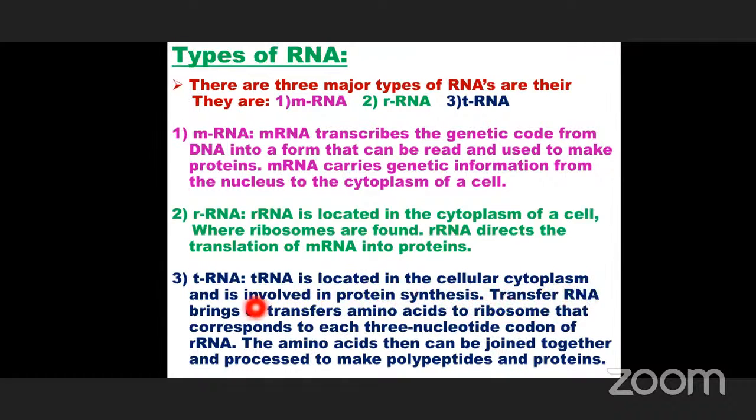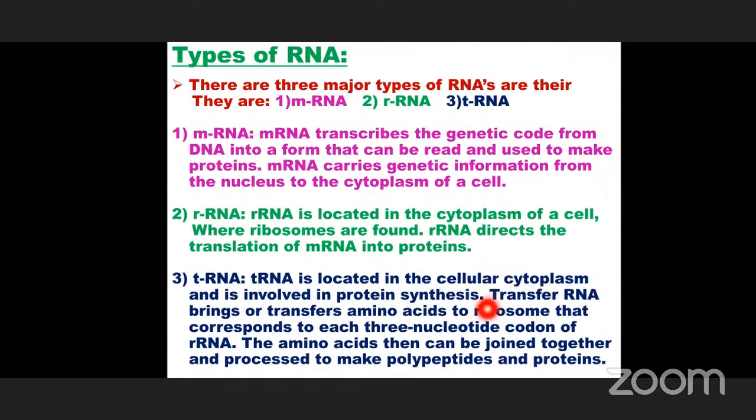tRNA, meaning transfer RNA, brings or transfers the amino acids to ribosomes corresponding to each three nucleotides of the codon of mRNA. The amino acids can be joined together and processed to make a polypeptide chain, forming proteins. All of you listen carefully.